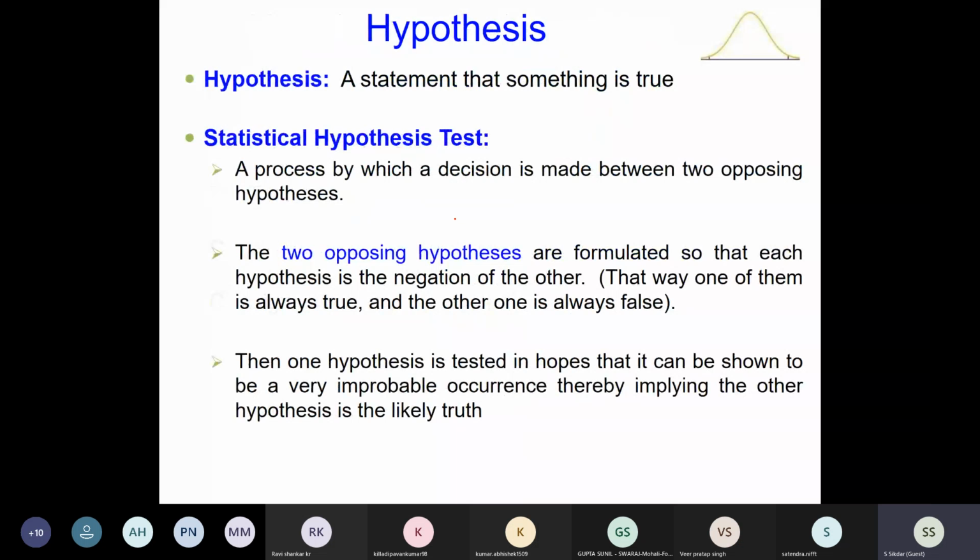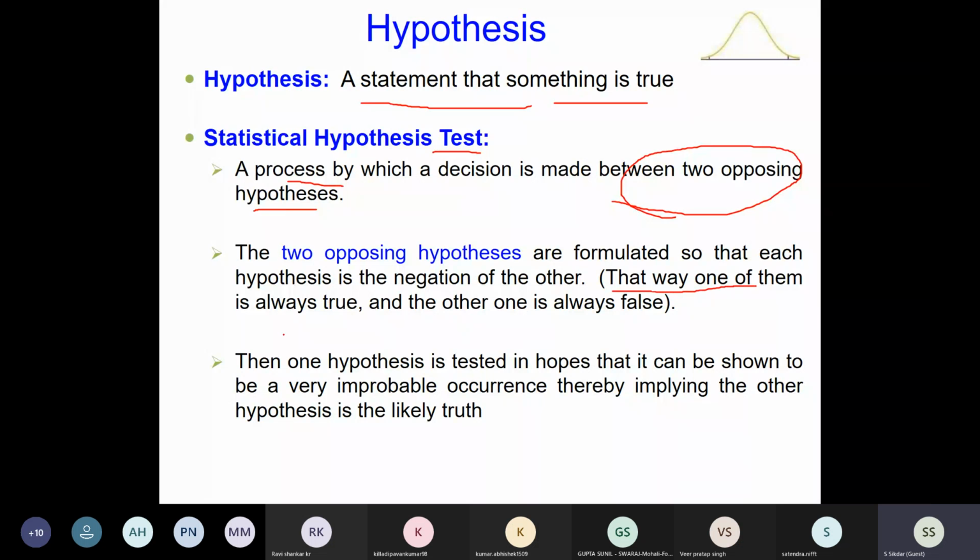And we told the other day that a hypothesis is a statement that something is true. And a statistical hypothesis test is a process by which a decision is made between two opposite hypotheses. The whole thing is based on these two opposing hypotheses. They are formulated so that if one says I go towards east, the other says no, I go towards west.